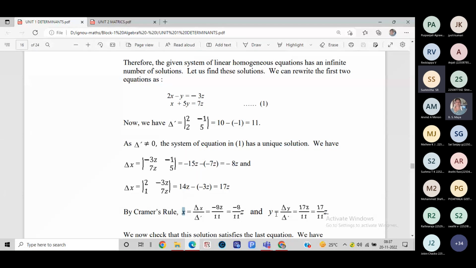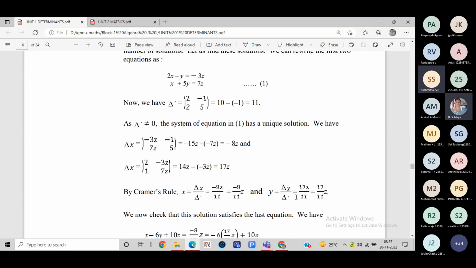Now I got x and y. What is x now? Minus 8z by 11. What is y now? 17z by 11. If we substitute z, because of that we have an infinite number of solutions. Clear? When I take z equal to 0, what is the x value? 0. What is the y value? 0.